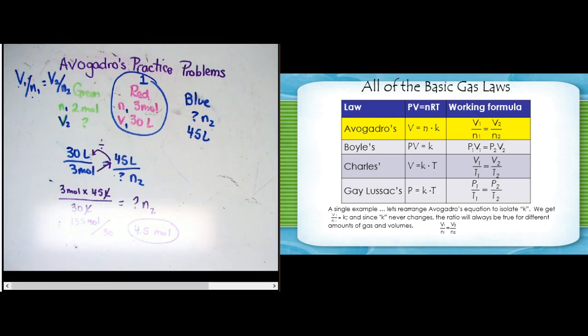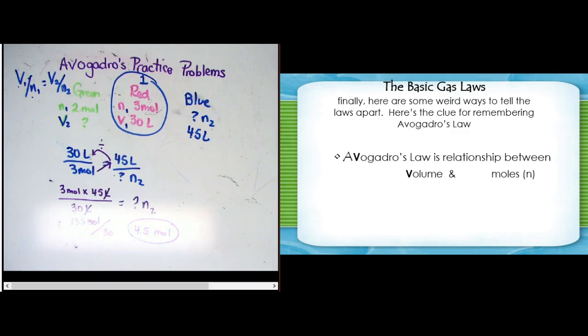So what we're going to end up with is V1 over N1, and then for your second set, it's V2 over N2. Down at the bottom, you will also see how you can isolate K, and you get that same equation.